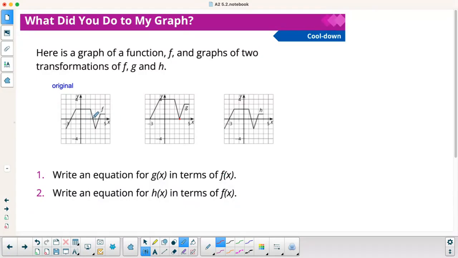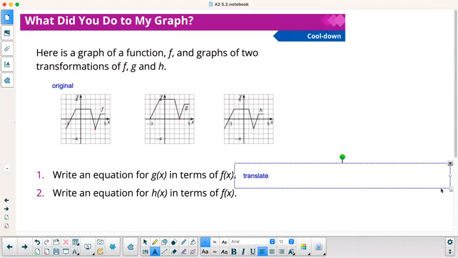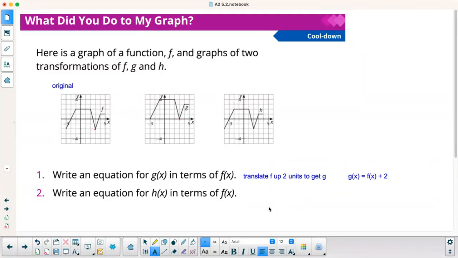Maybe this point right here would be an easy one to find. If you look here, I went from -2 up to 0. So it looks like it went up 2. So it looks like I translate F up 2 units to get G. So my function is going to be G of X equals F of X plus 2. You add 2 to move up.